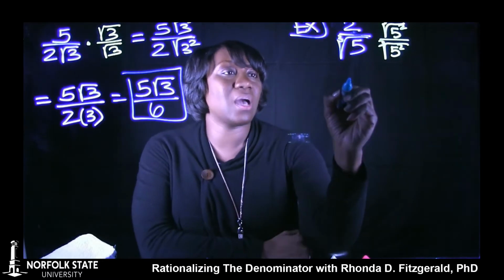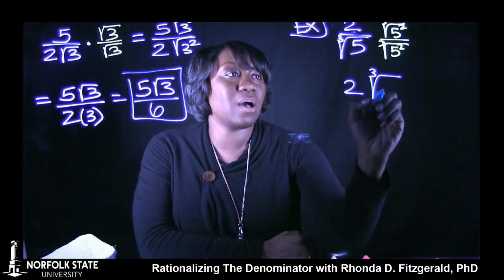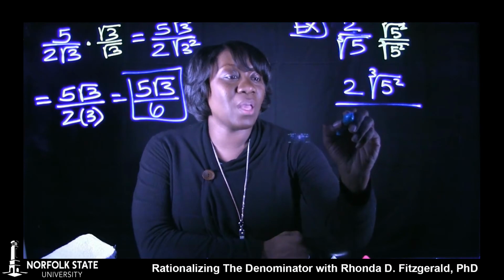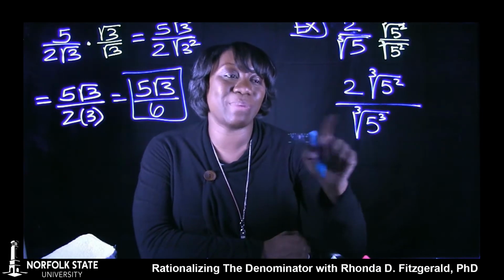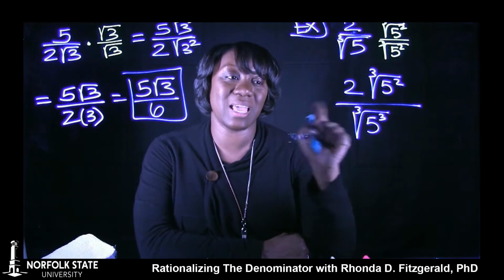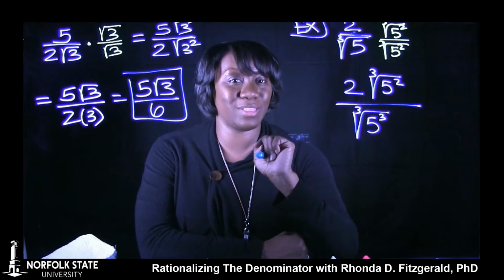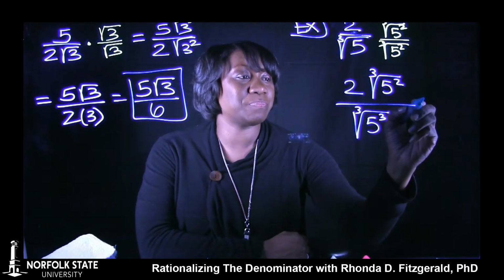So my top becomes 2 times the cube root of 5 squared over the cube root of 5 to the 3rd power, and that's what I needed to end up with, the 5 to the 3rd power, to match that index of 3. So now we continue to simplify this problem.